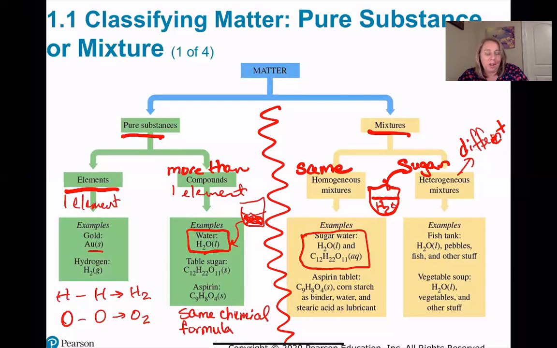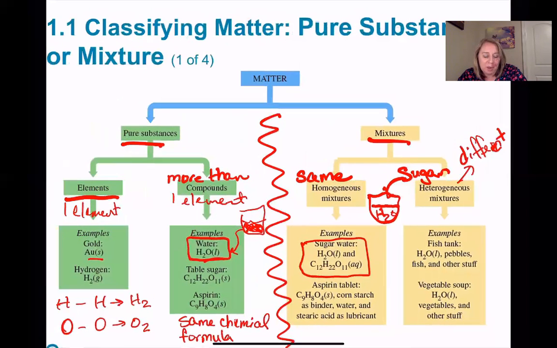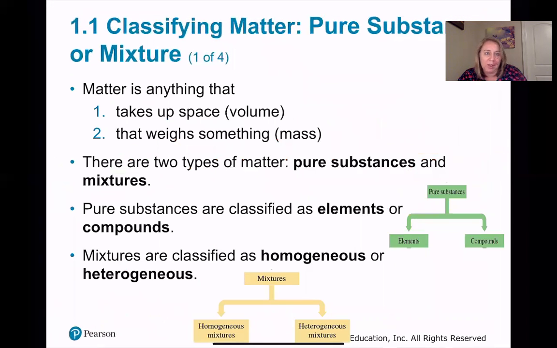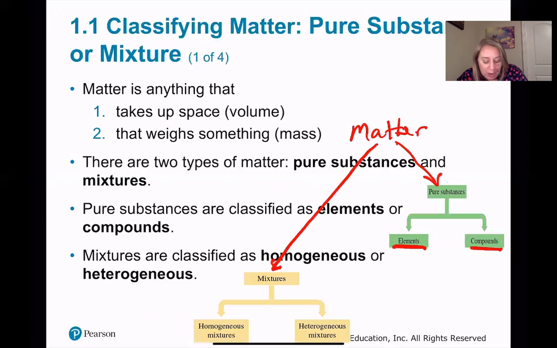So now that we've gone through this table, let's go through and look at the actual notes. We said that matter is classified into one of two things, either a pure substance or a mixture. If you are a pure substance, then you are either an element or a compound.